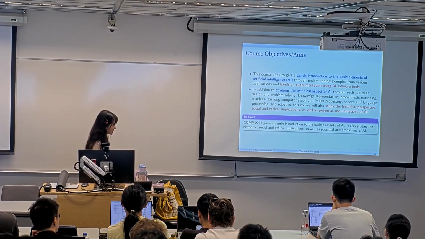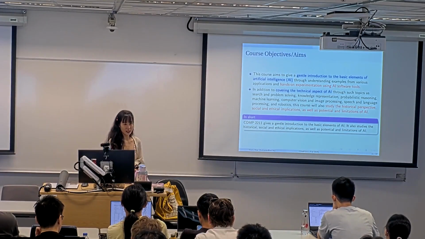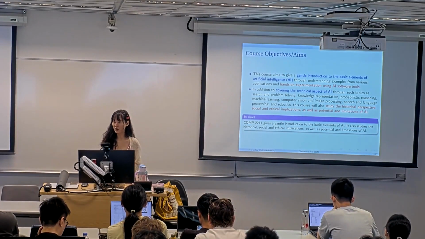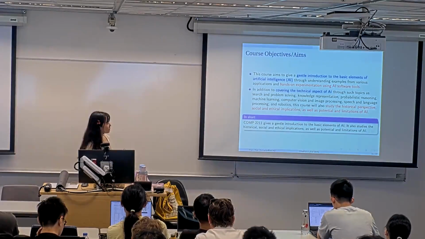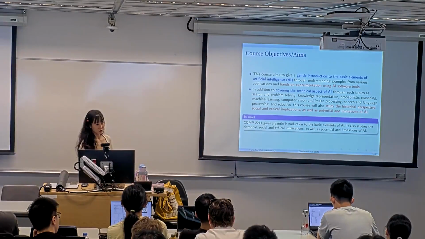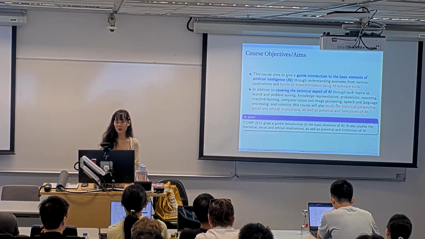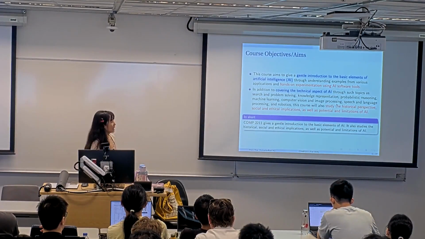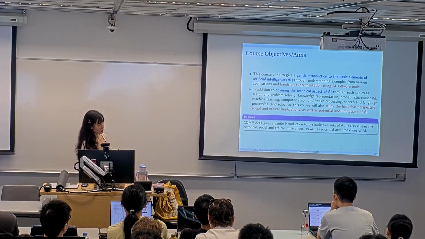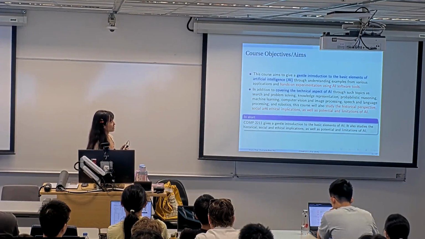The rationale is that after this course logistics, we will have an introduction to AI. In that part, we will study the historical perspective of AI. And then we will go into the Python programming part. After Python programming, we will start to learn all the AI models. And at the end of the semester, we will study the social and ethical implications of AI.